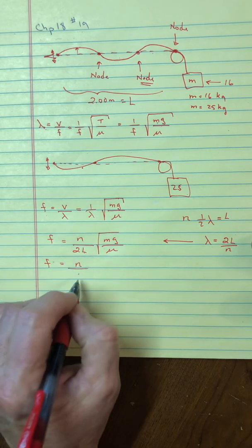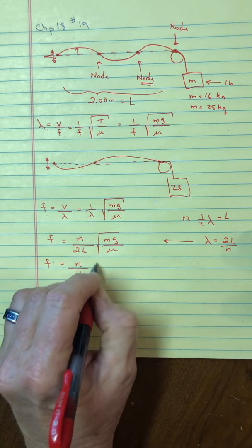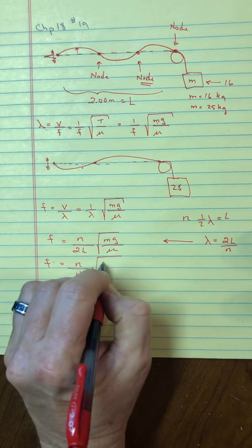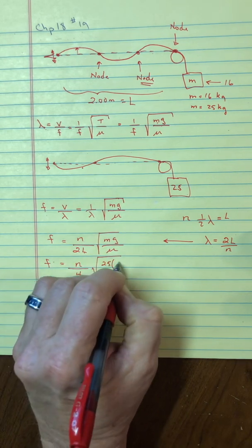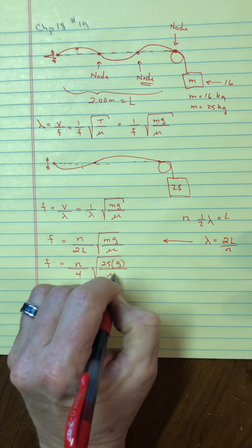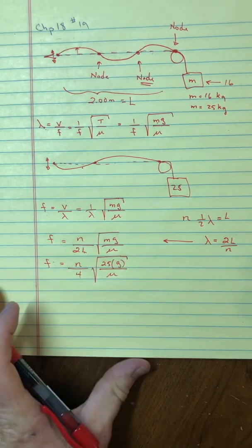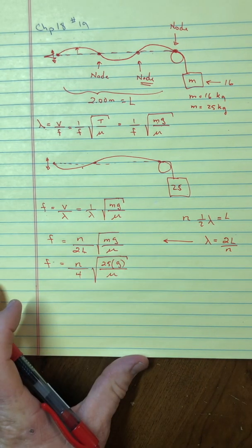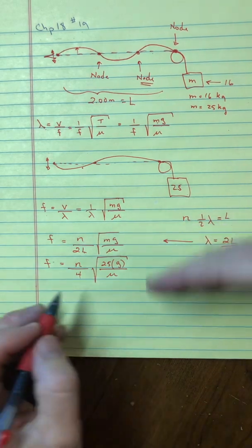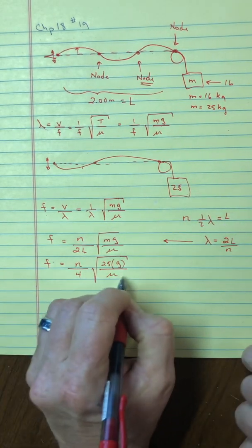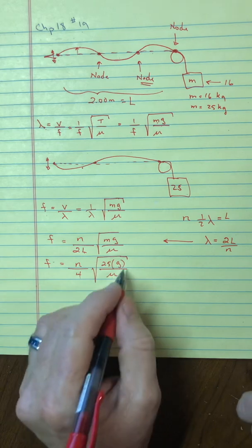Now, L is 2 meters, so I'm going to put a 4. Over the square root of, and this would be 25 times g over mu. Then, this has got to be the solution. Oh, maybe I should have put in mu, and g. Well, I know those.